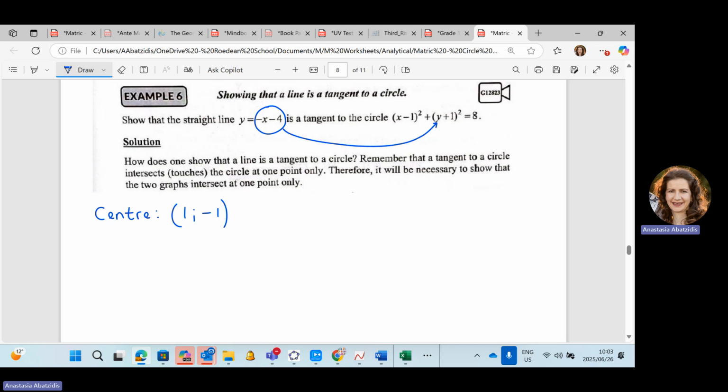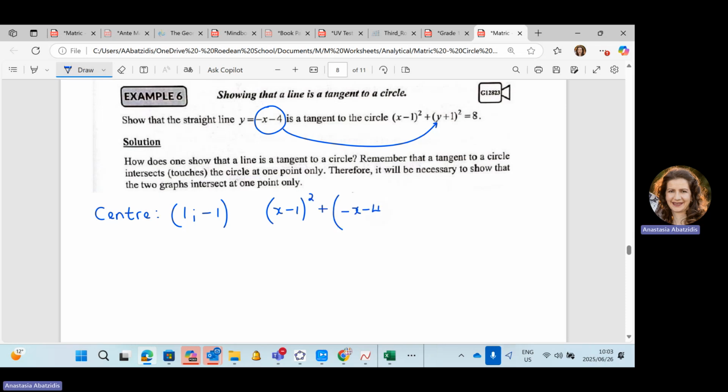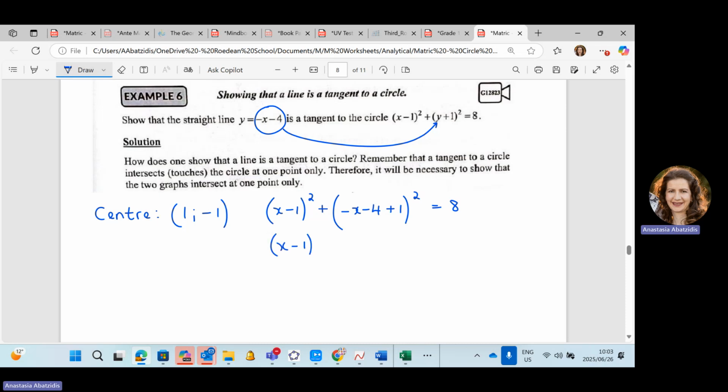Let's check. Okay, so we're going to have x minus 1 all squared, and then y is minus x minus 4, plus 1, all squared. So now we get x minus 1 all squared, and here we get -x, and minus 1 and 4 is -3, all squared equals 8. Foil that out.